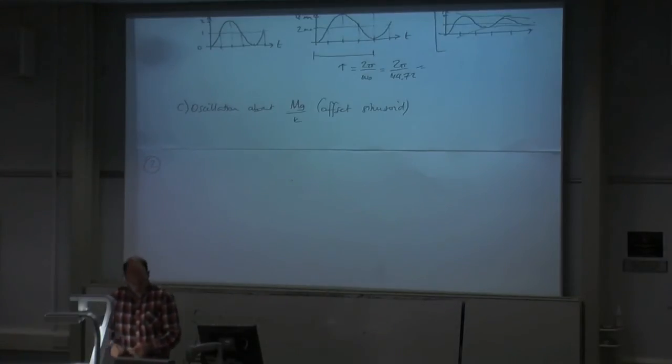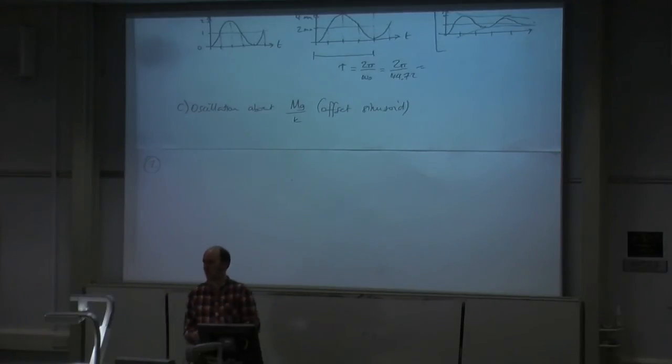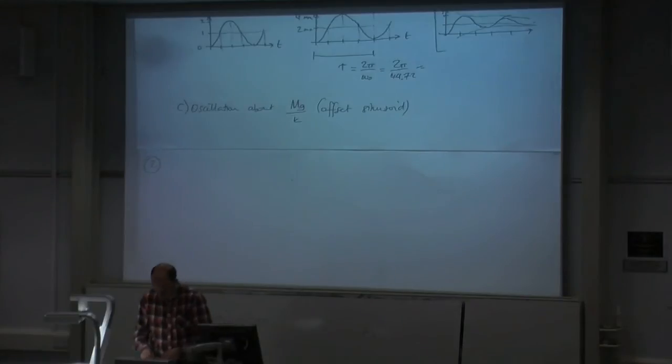So we'll do question 2. Part A is basically the workings that we went through in the lecture, and you can go through them yourself. But part B, let's look at that.